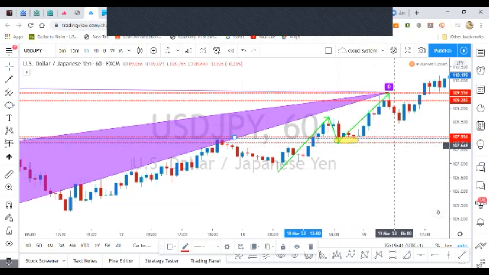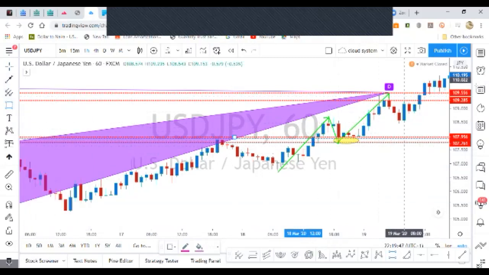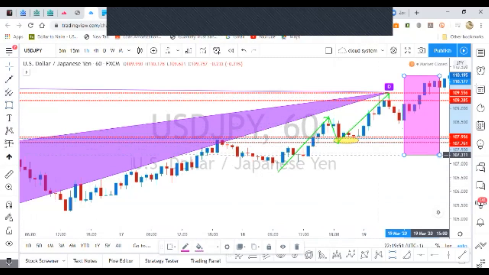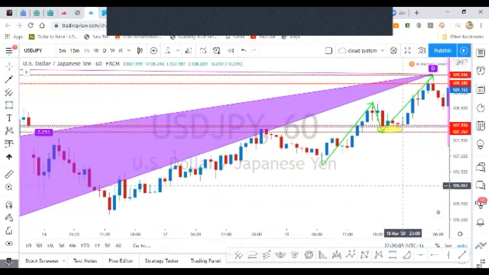Now, remember I said everything from this candle here and beyond, go and play. Everything from this candle and beyond, we have not seen. So we are treating it as if it's a fresh move, right?